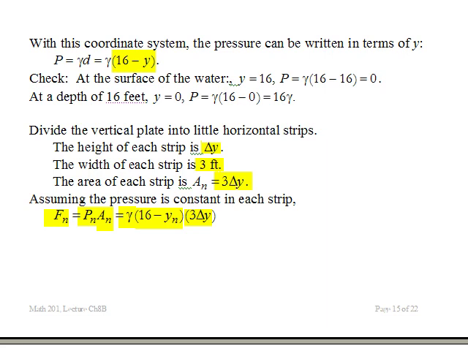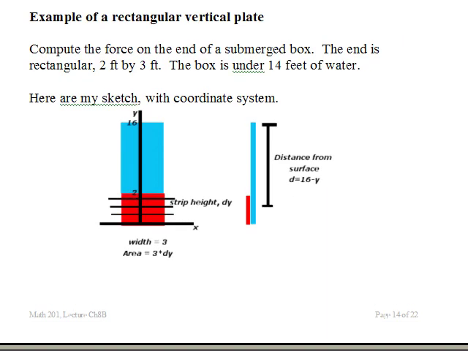Let's look back at the other slide to really see what we're doing here. Here's the plate, divided into little strips. The height of each strip is delta y, or I've written dy over here. The width of the strip is 3. The area of each strip is 3 times dy. Each strip feels a pressure, and the pressure felt by each strip is going to be gamma times the height to the surface of the water above it.